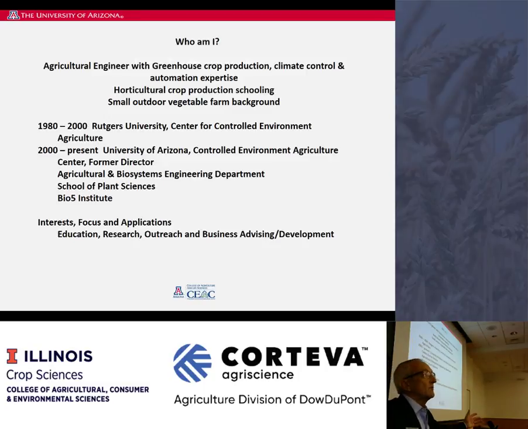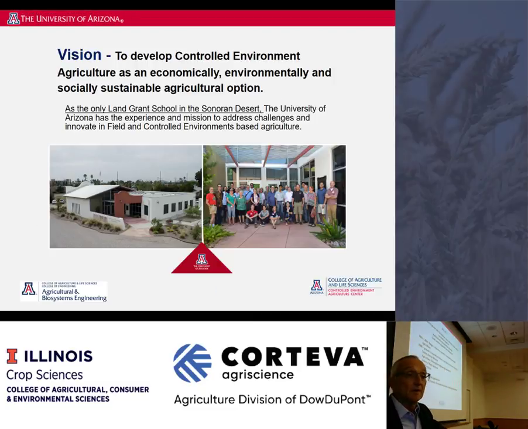Anyway, with that as an introduction, I could go further about who am I, and maybe there was enough detail already. But I've been around for a while, not quite 70 years, but certainly 20 in my former life at Rutgers University, also in controlled environment agriculture, and the last 18 at the University of Arizona in the Controlled Environment Agriculture Center, always working in greenhouses and focused on education, research, outreach, and development of business alternatives.